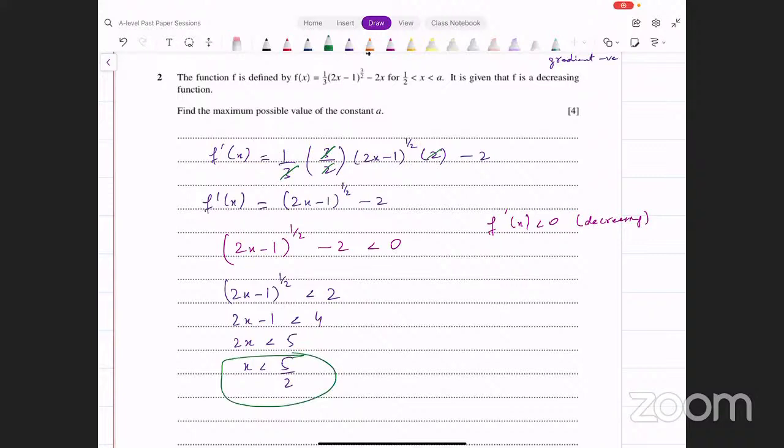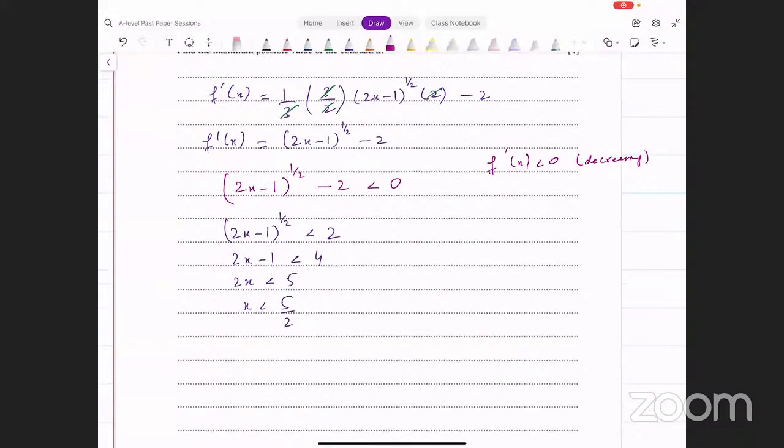ठीक है? तो इसका क्या मतलब हुआ? जो हमारे पास वहां पे domain दी हुई थी उधर function के अंदर, that's x between 1/2 and a. Minimum value तो उसने बताई है 1/2. वो 1/2 minimum value क्यों बताई है?